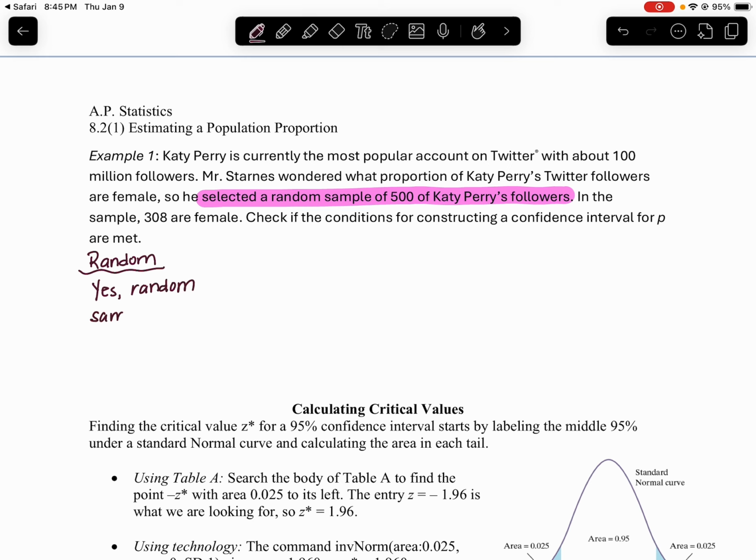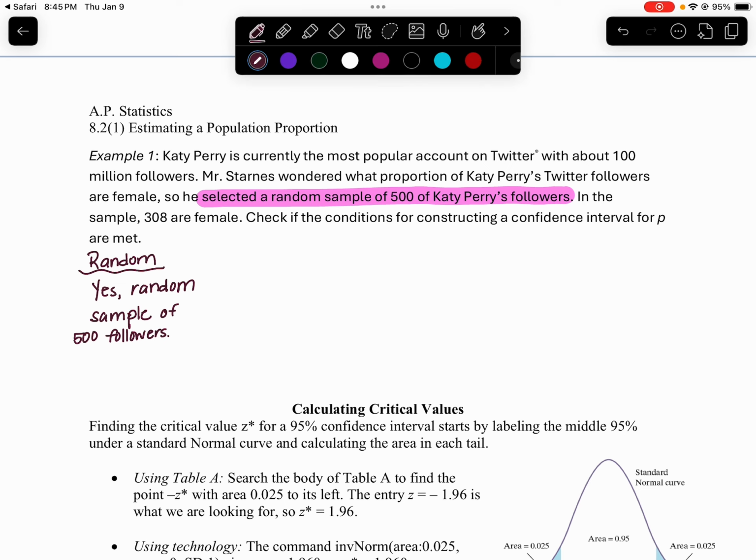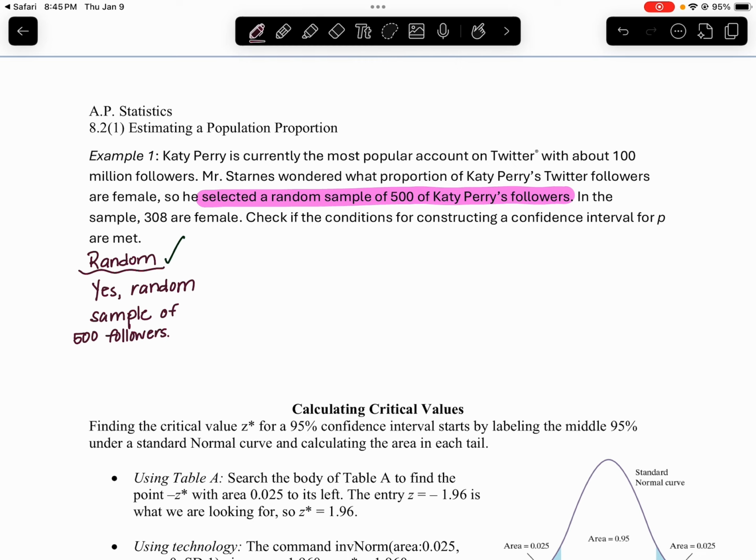For me, you could just say yes and then highlight it, but on that AP test, you need to explain it. Yes, random sample of 500 followers. And technically, you should get very specific and say 500 of Katy Perry's followers. All right, so, I have a dark green, so right, check. Okay, first part done.